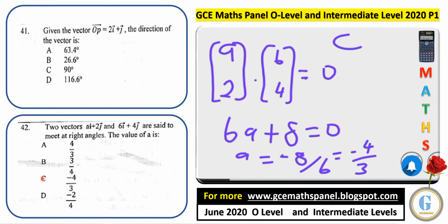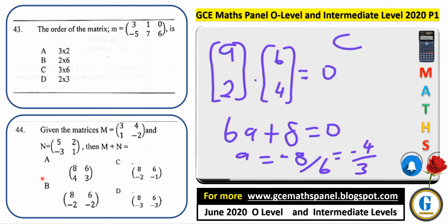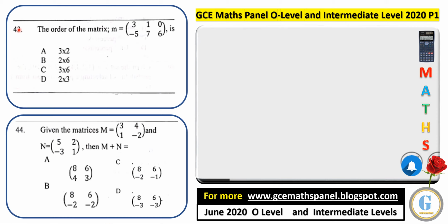Now let us look at question number 43. In question number 43, we are given a matrix, and looking at that matrix, they want us to give the order of the matrix. How do we get the order of a matrix? The order of a matrix is given by the number of rows by the number of columns. So let us count the number of rows that we have. For 3, 1, 0, and minus 5, 7, 6, this is a matrix.